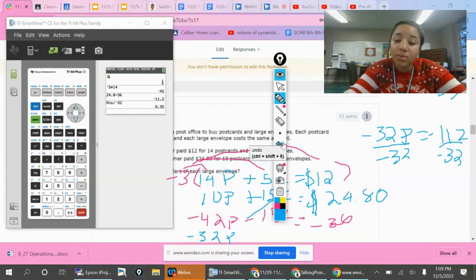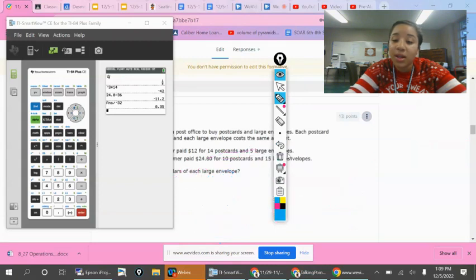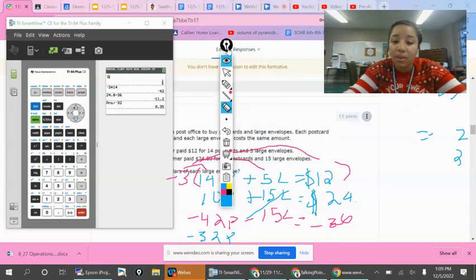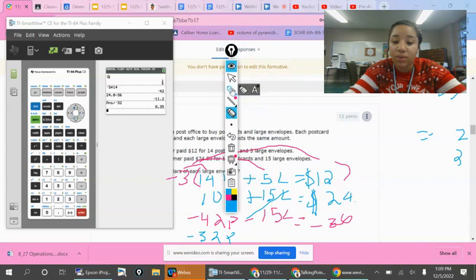So now we're going to have to plug 35 into one of the systems. I'm going to plug it into my top one, which was 14p plus 5L equals 12.